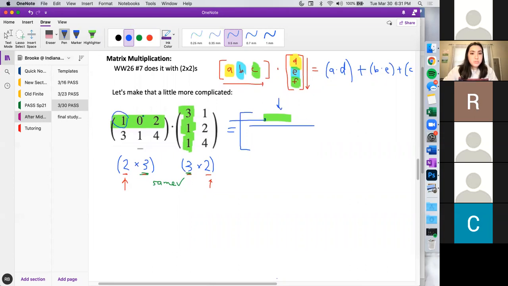So 1 times 3, let me give myself my space back, plus, move down, 1 times 0, plus, move down again, 2 times 1. And now we've hit the end of our row and end of our column. So that is the entry in that spot of the product.